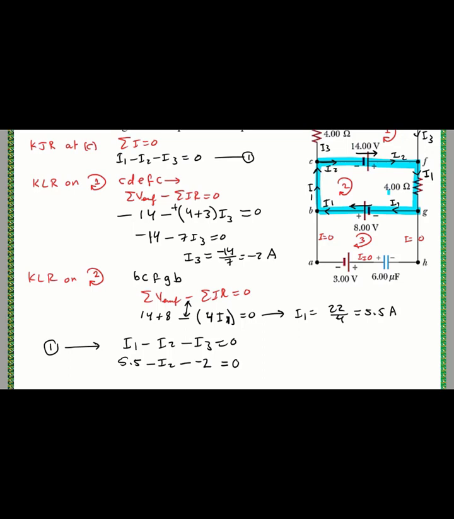So I2 equals 5.5 plus 2, which is 7.5. Then I2 equals 7.5 ampere in the same direction as indicated on the graph. Okay, these are our 3 currents.